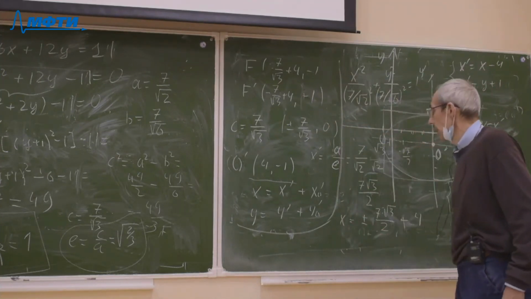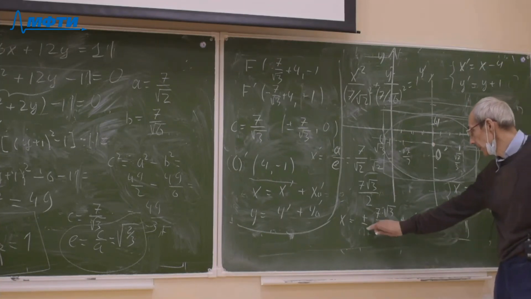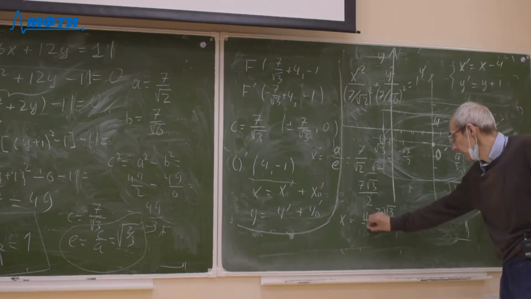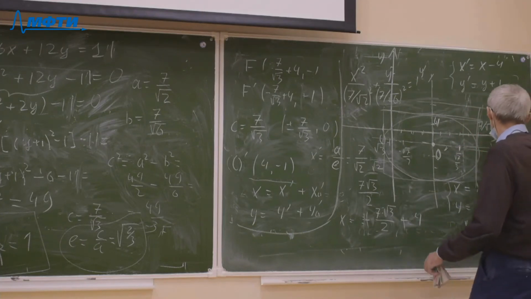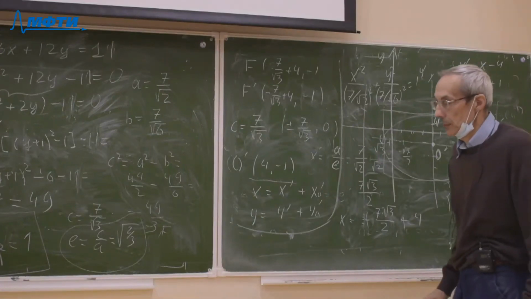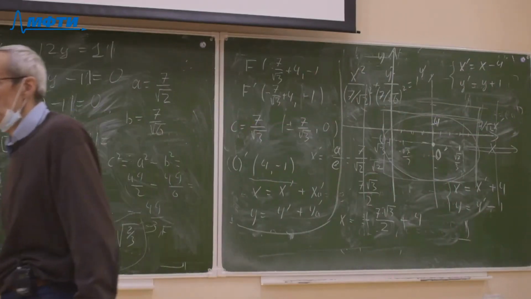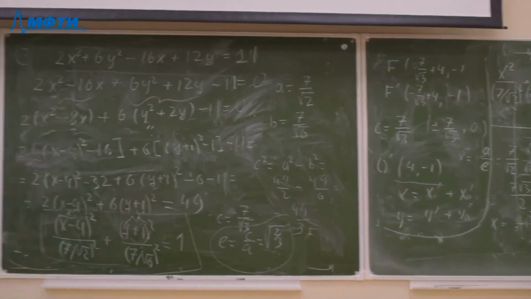We have equations for two directrices, one for the sign plus and the second for the sign minus. Okay, do you understand that? Any question? Okay.